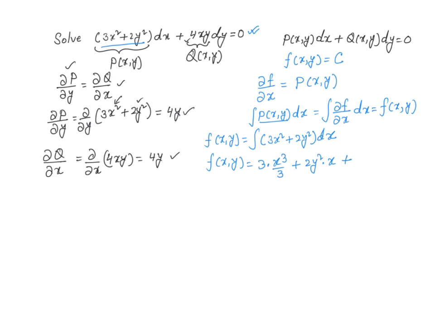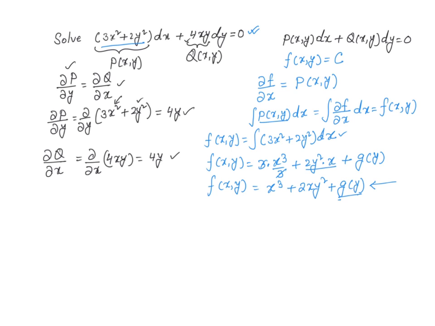Then we have to add an arbitrary constant, which is actually a function of y that serves as a constant because we are integrating with respect to x. Rewriting, f(x, y) is equal to x³ plus 2xy² plus g(y).